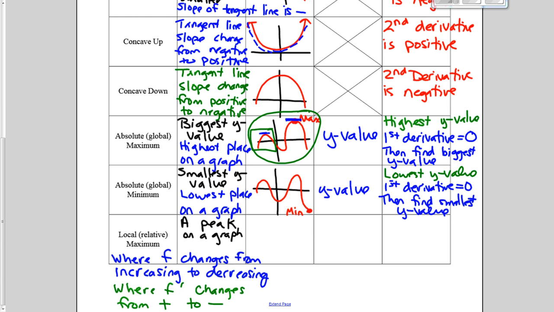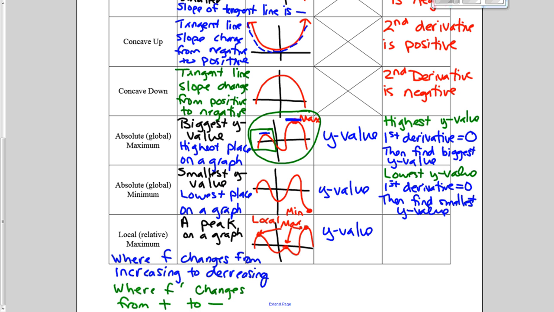And that's called the first derivative test. So again, on a sketch, it's just going to be any of the peaks that we have. So all of these are called local maxes. All of them. So here, here, here. And again, a local relative max is still a y value.